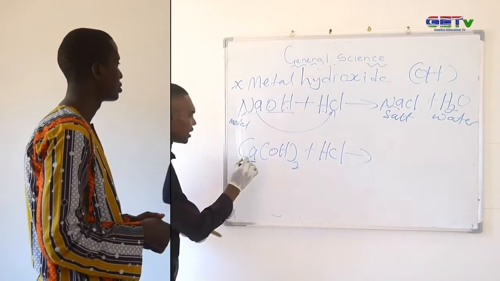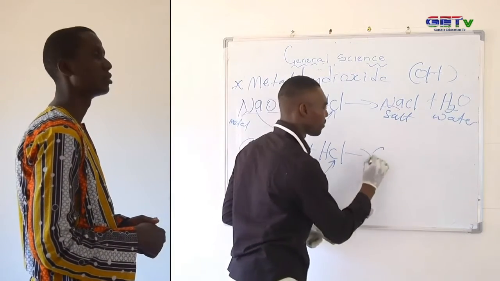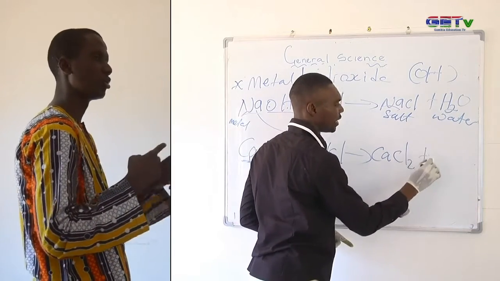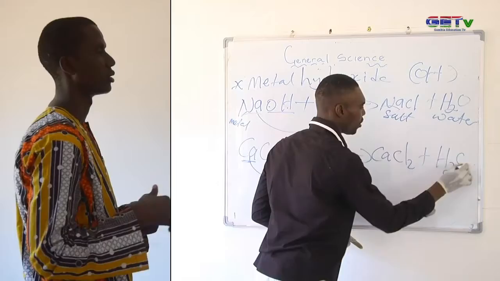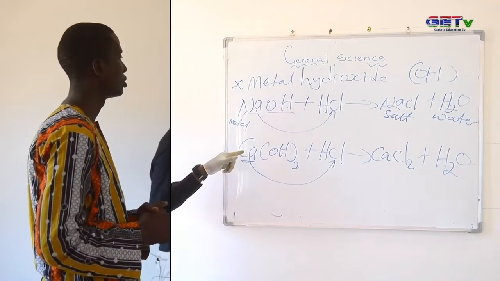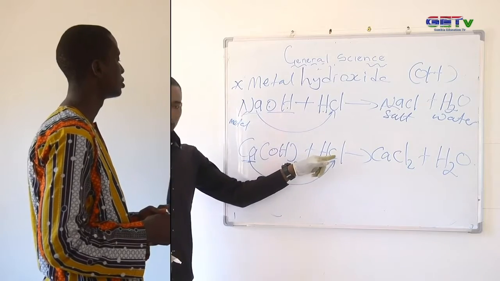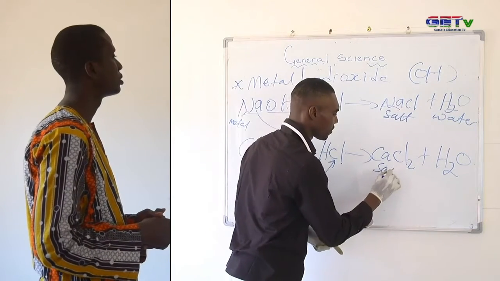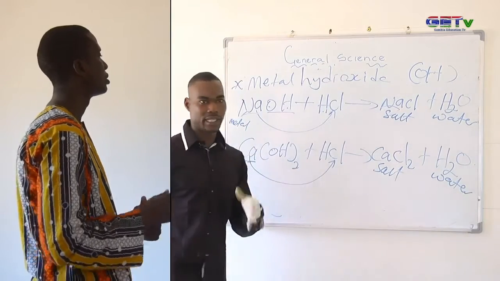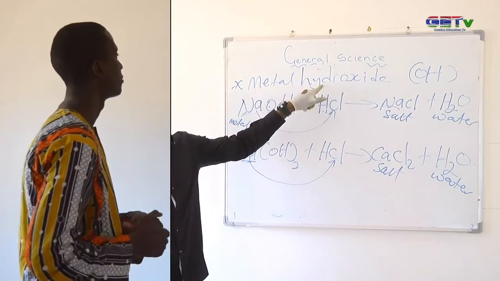So now this calcium and this chlorine give us calcium chloride, CaCl2, plus H2O, water, as the products. So calcium hydroxide combined with acid gives you a salt, calcium chloride, and then water. So this is the case with metal hydroxide.